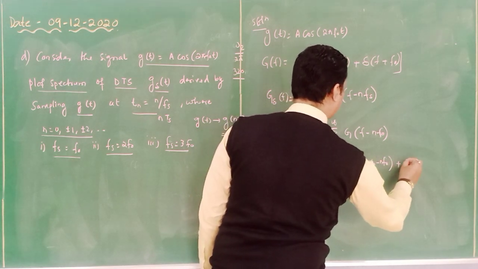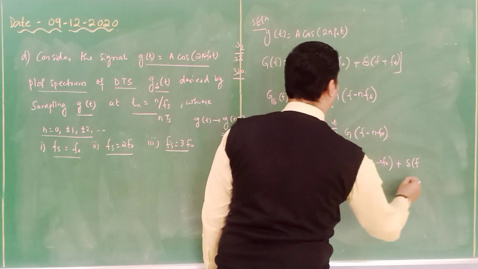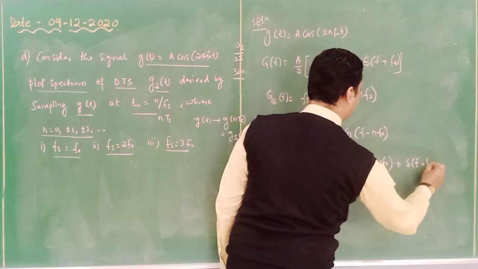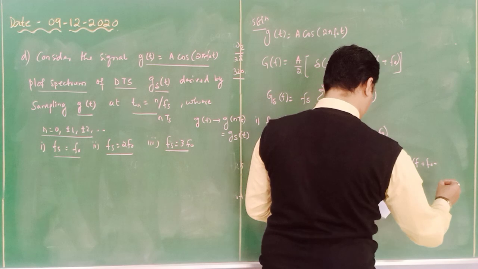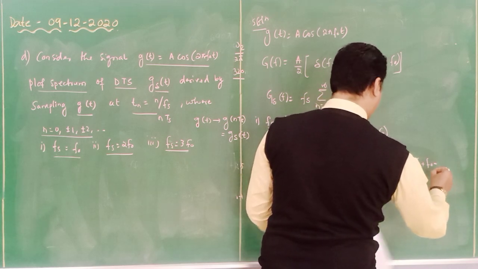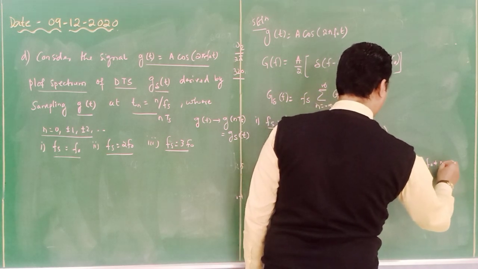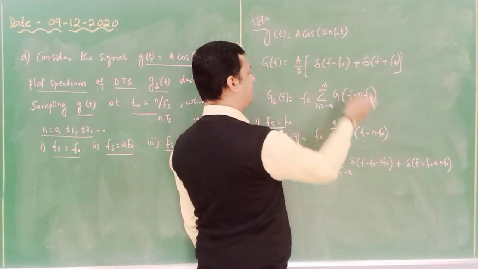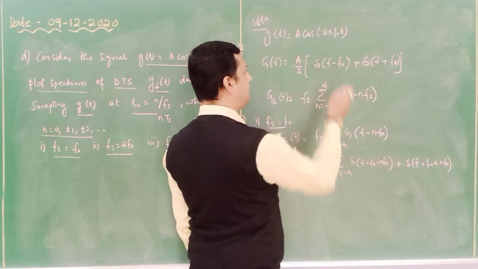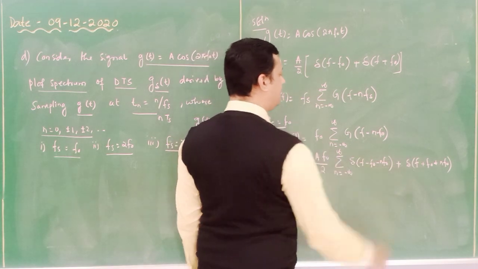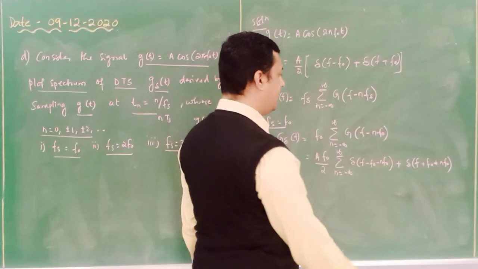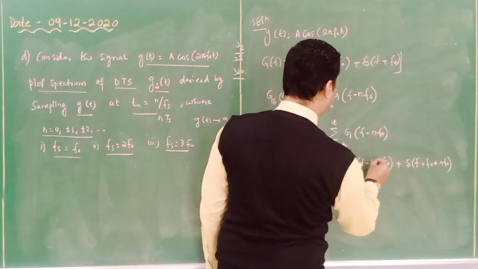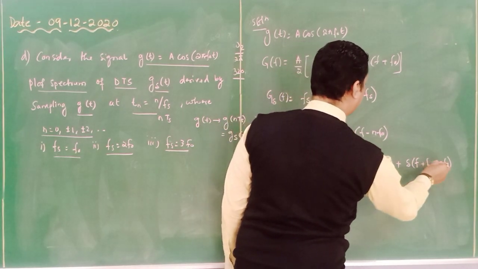This is first. Second, δ(f + f₀ − n f₀). Sorry, it is plus n f₀ for the negative case. Substitute this value here: it becomes minus in the first, and plus in the second.